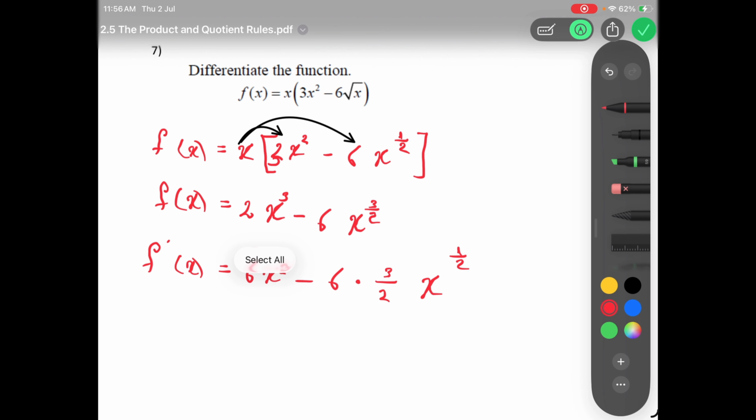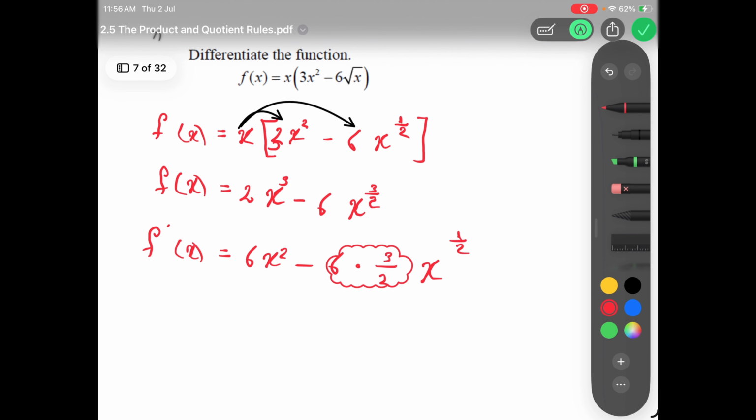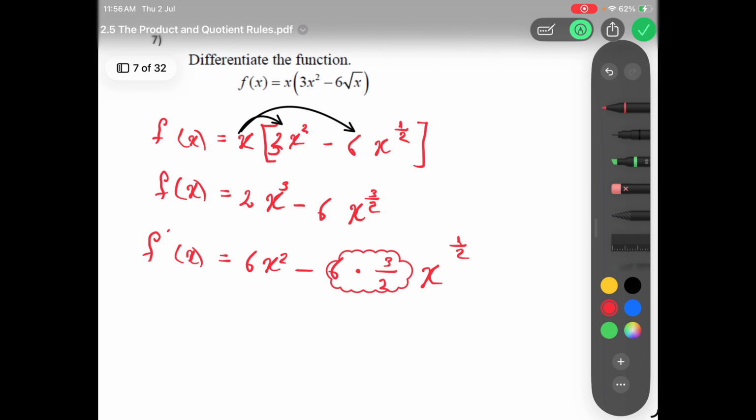And what you will do now, you will multiply these two constants. So if you multiply 6 by 3 over 2, it will be 9. You can do this by your calculator, it's fine. So it will be 6 x squared minus 9 x to the 1 over 2. So this is one approach, but this is not the only one.